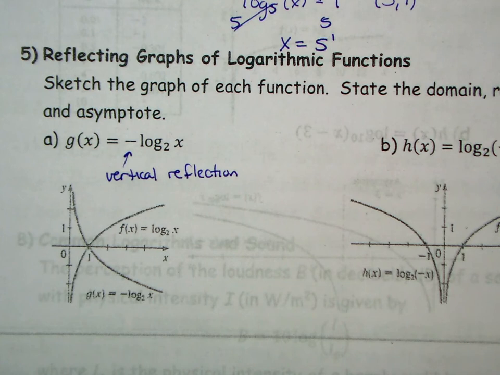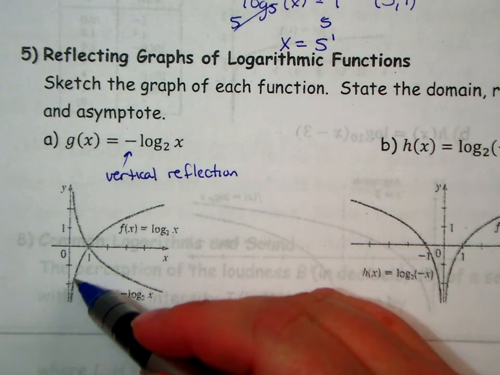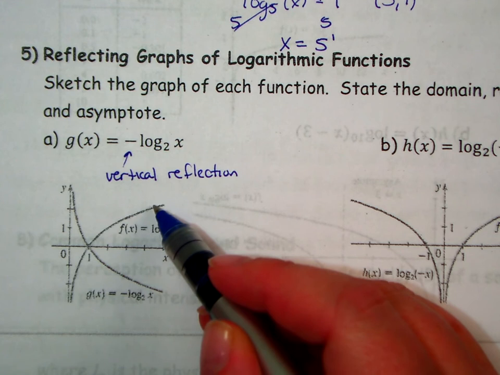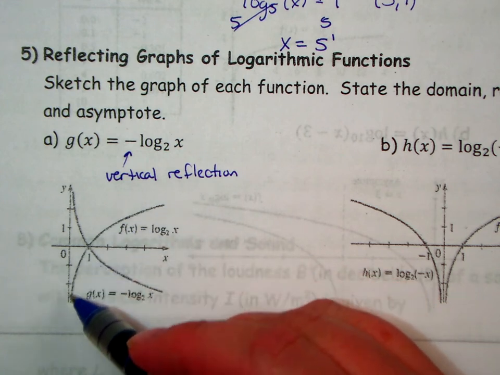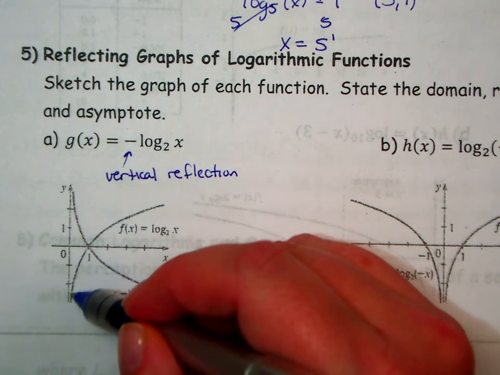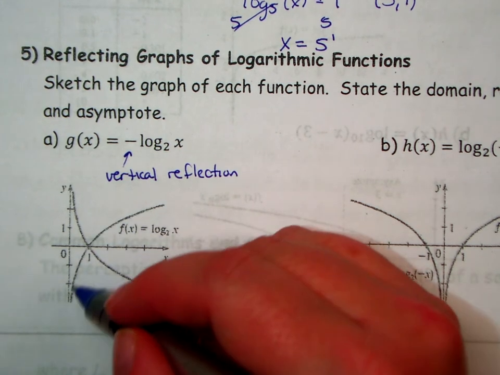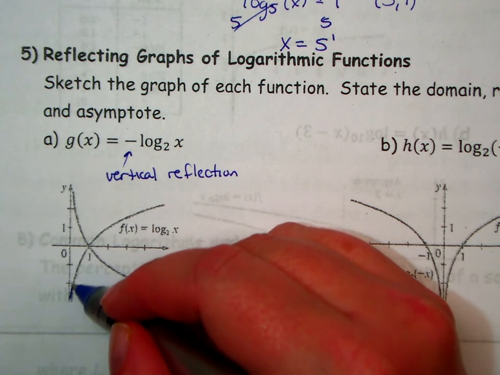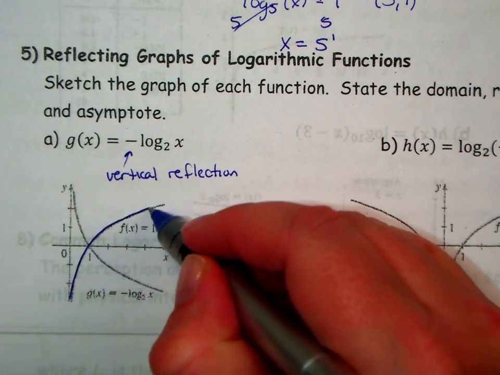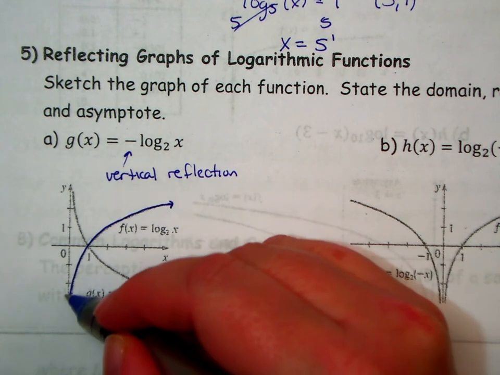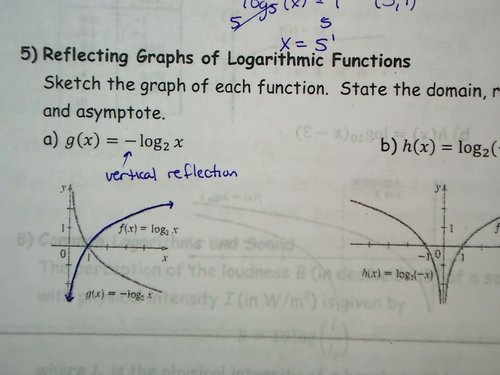Right. So a normal log base 2 of x is this increasing function here. Okay, goes through 0, 1. So if I were to reflect this graph, let me go ahead and draw this here. Okay, this is our regular function. Now if I were to reflect it, let me reflect it with purple here.